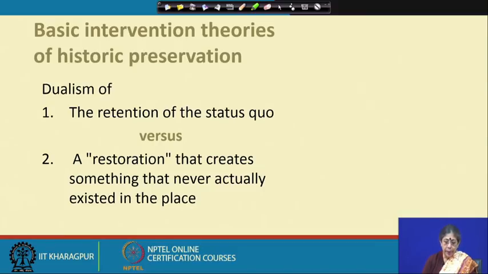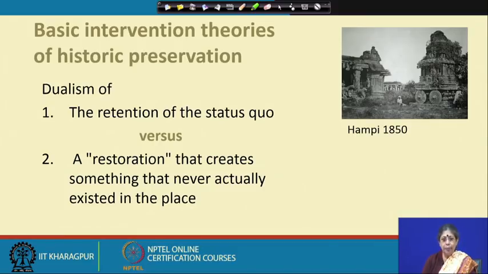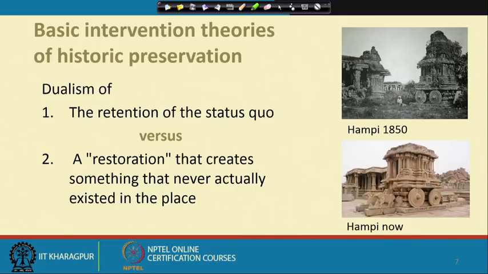As we see with a lot of structures today, let us say Hampi, a picture of which shows 1850, which is a great heritage and a World Heritage Site now, and we see what Hampi is today. It has been cleaned, it has been repaired, and it is preserved as a historic structure. Not much has been restored there; it is basically maintaining the status quo.